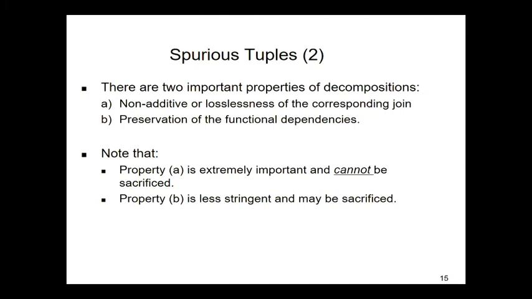Okay. And property B is less stringent and may be sacrificed, because sometimes when we preserve all of our functional dependencies, that means overhead in the process. To satisfy functional dependencies, your database management system is managing those.